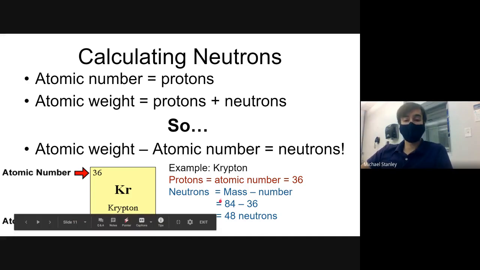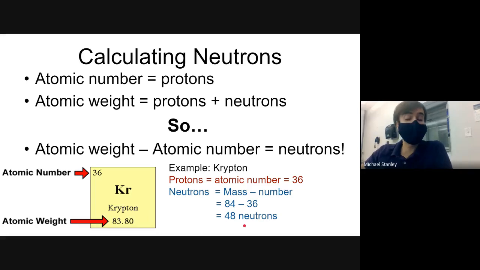So again, this atomic mass is the number of neutrons and the number of protons put together. So if we take that atomic mass and take away the number of protons, then we can figure out how many neutrons our atom has. So in the case of krypton, we have 36 protons and 48 neutrons.